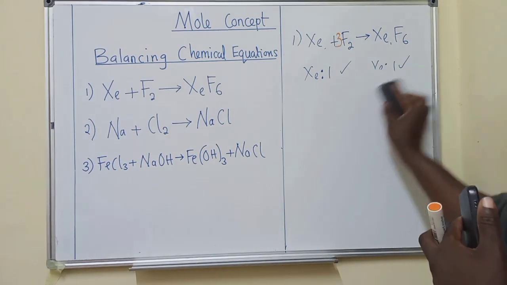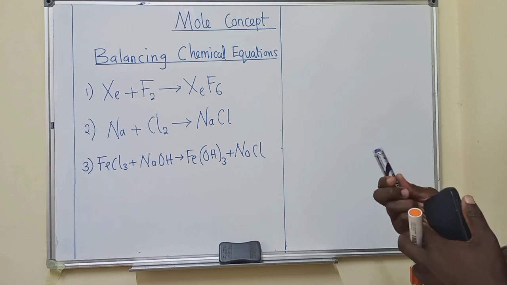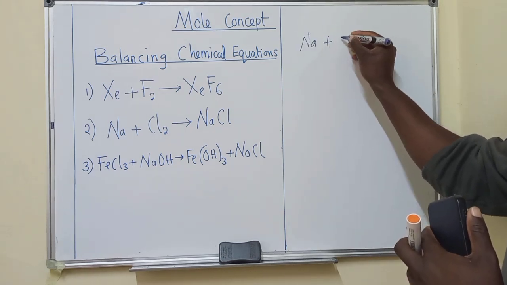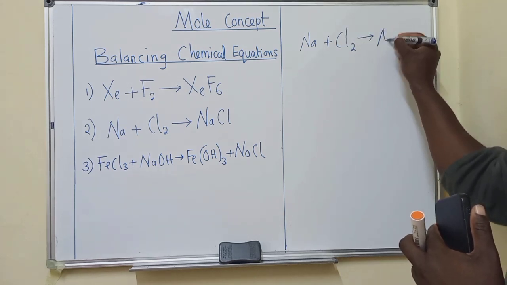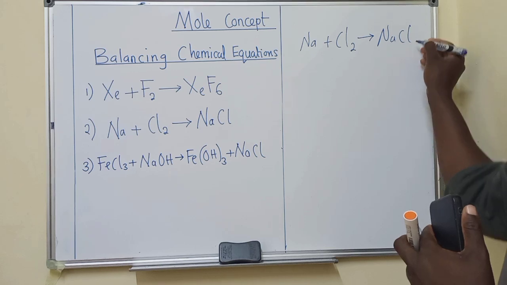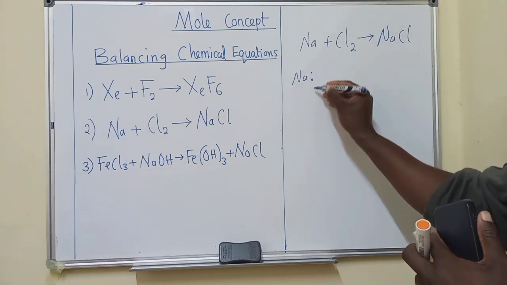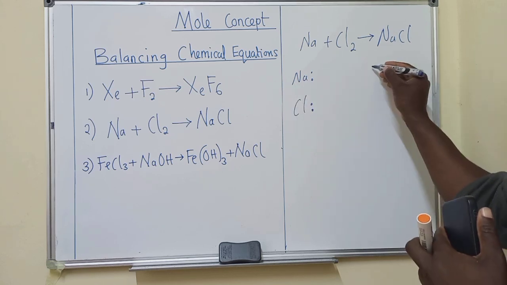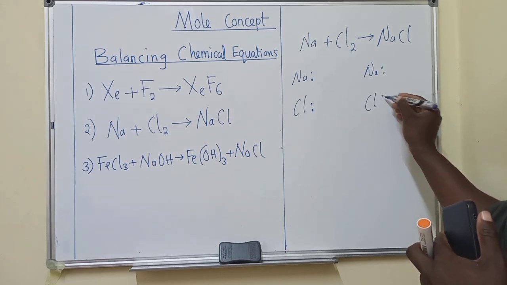Let's see the second one. Here we have sodium plus chlorine Cl2, giving sodium chloride NaCl.